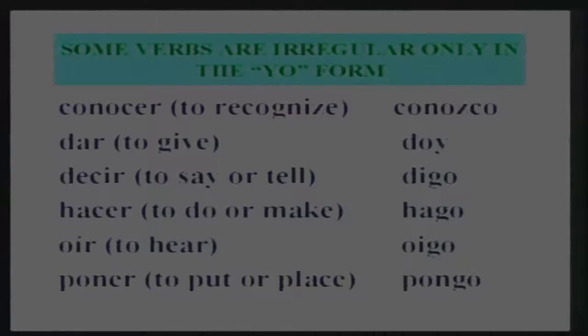Dar, to give, it would be doy. Decir, to tell or to say, digo. Hacer, to do or make, becomes hago. Oír, to hear, becomes oigo. Poner, to put or to place, becomes pongo.